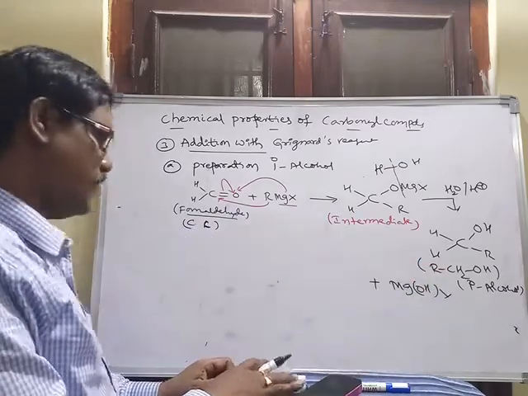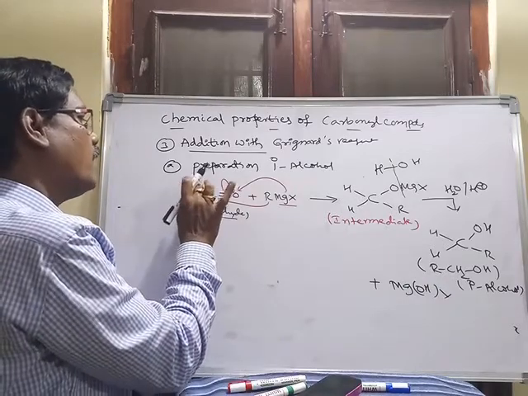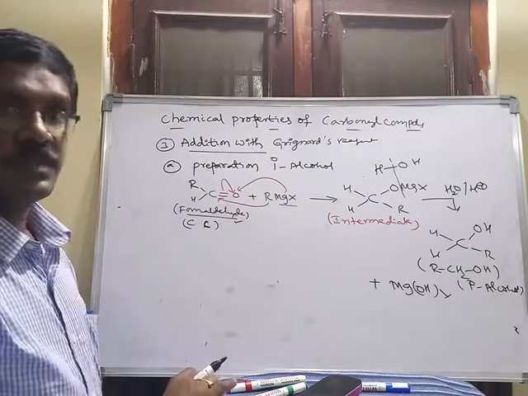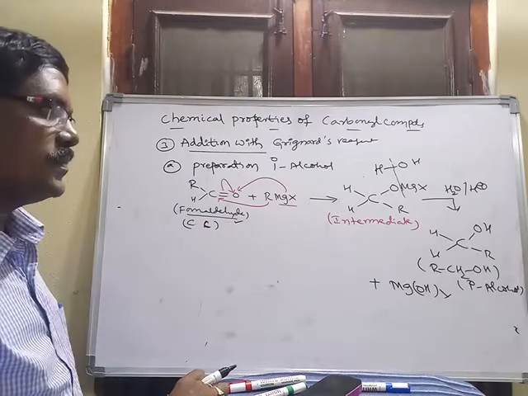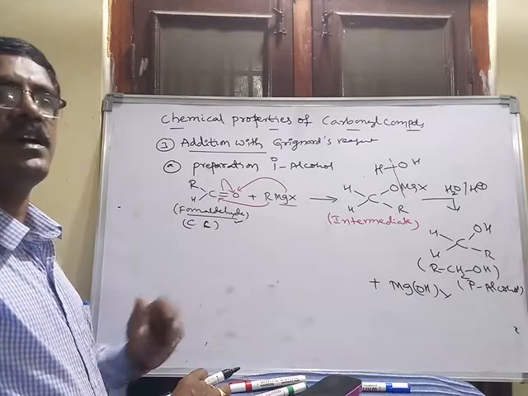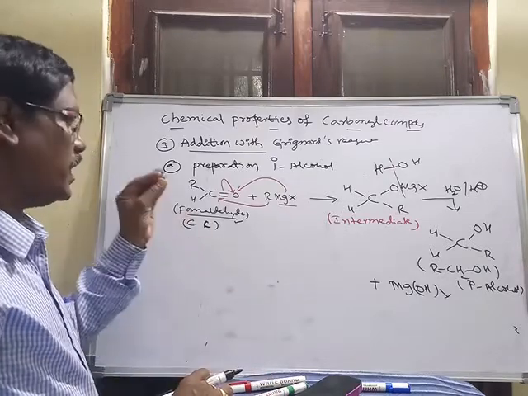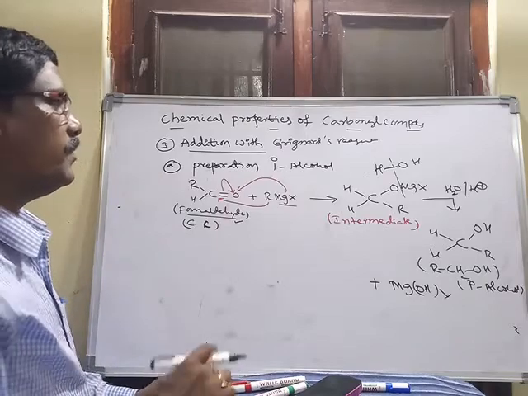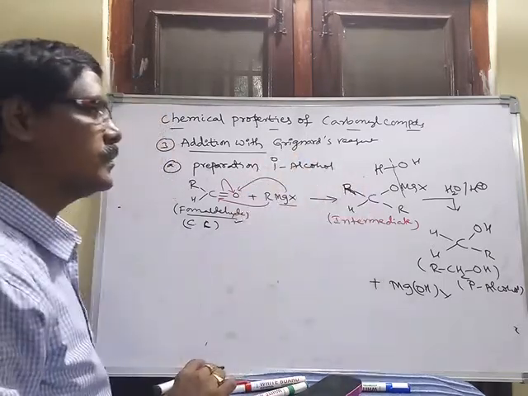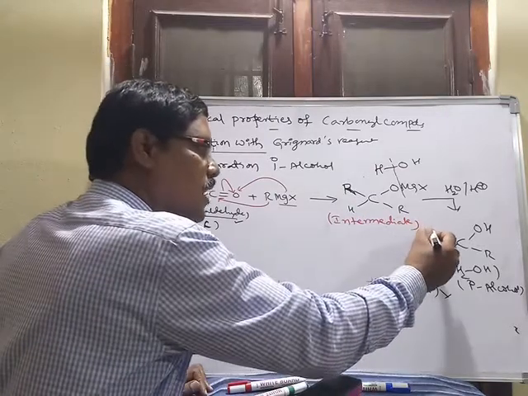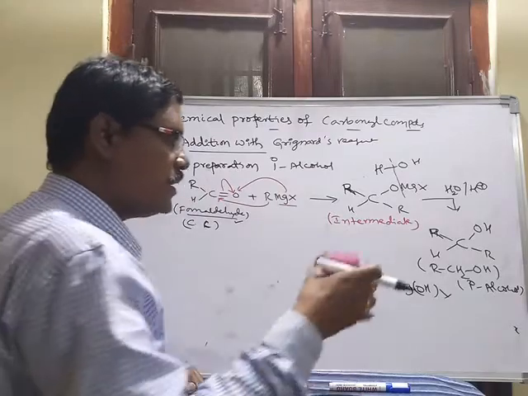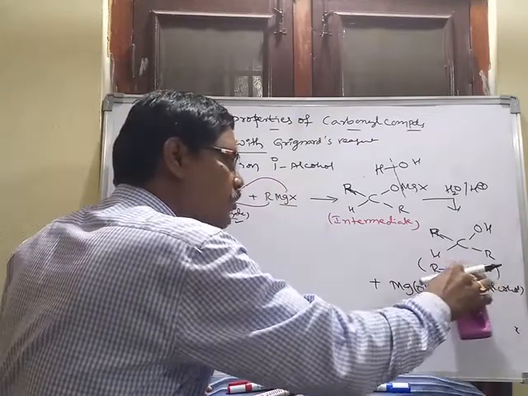If we take other aldehydes except formaldehyde, that may be acetaldehyde, propanaldehyde, or any other one, we obtain this R intermediate. This is another R. That's why here we obtain two alkyl groups.